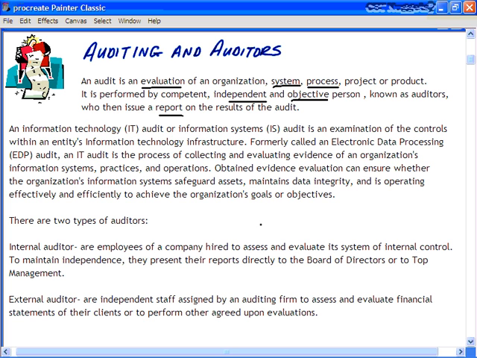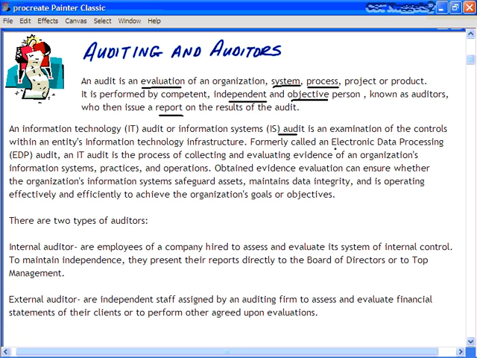Now, we're looking at IT auditing, specifically information technology or information system auditing. And this is defined as an examination of the controls within an entity, which could be an organization, a company, a customer, a client, within an entity's information technology infrastructure. Now, this used to be called an EDP audit, or an electronic data processing audit.